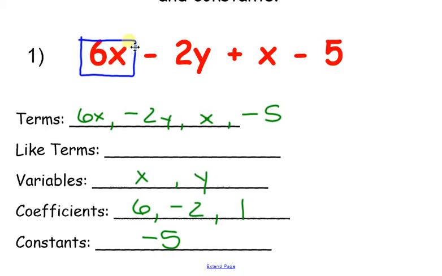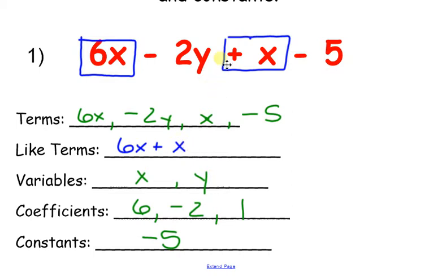Same variable, same exponent. Well, here's a y, so that doesn't count. Here's an x, same exponent, because there is none. Okay, so he can combine with this guy right here. So I have 6x, and I take the sign in front of the second term, plus x.